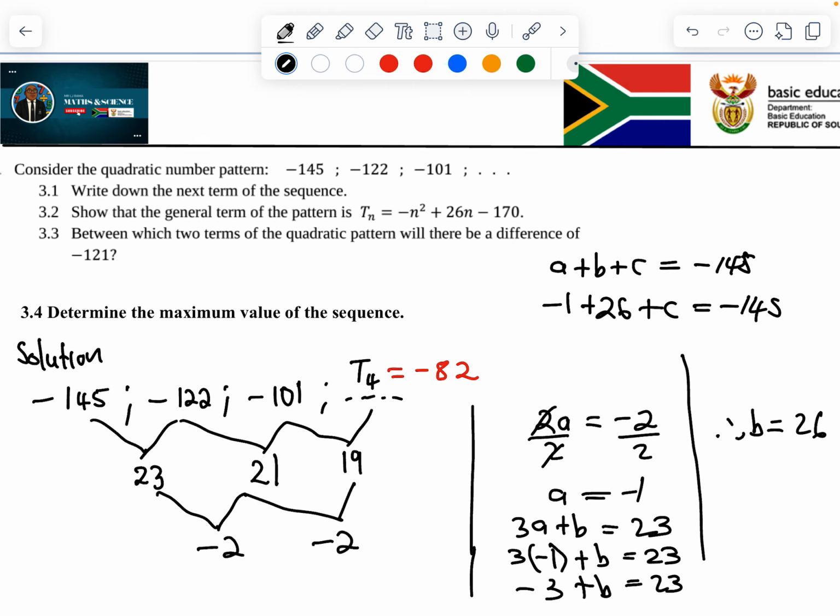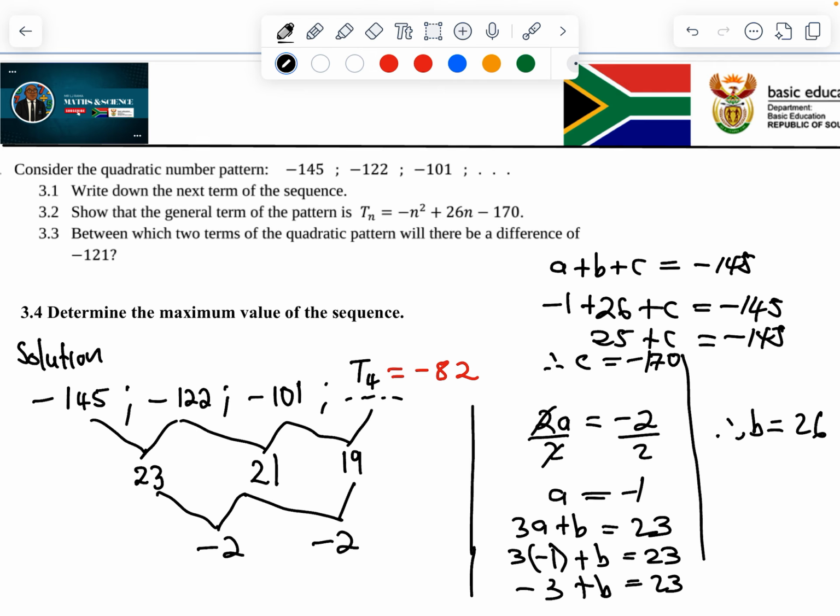Then -1 plus 26, that is 25, plus c equal to -145. I'm going to transpose the 25 to the right, so c is equal to -145 minus 25, that is -170.